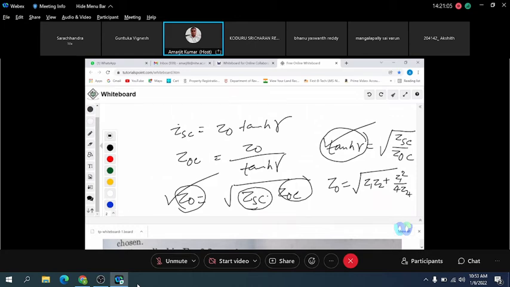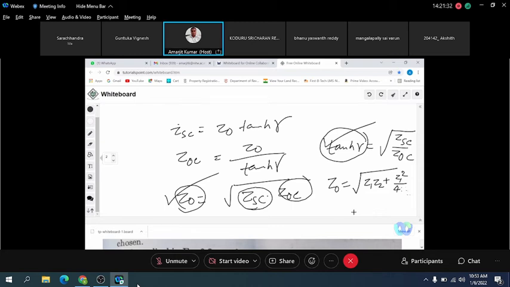Is it correct or not? It is just 4, I guess. Very good. So Z0 is equal to under root Z1 Z2 plus Z1 square upon 4.